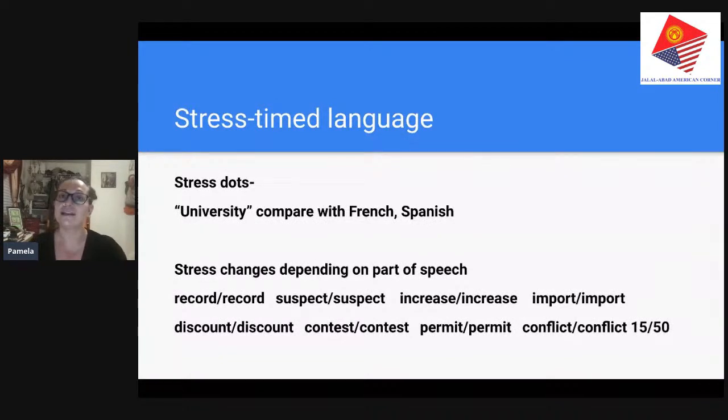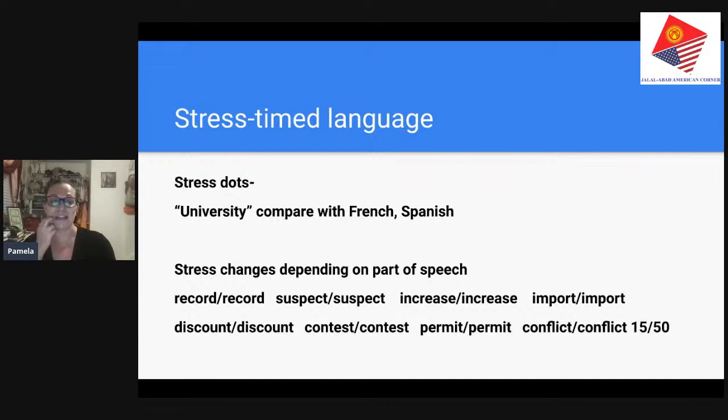Even though there is an N at the end, sometimes even native speakers will say, oh, he'll be here in 15 minutes. I'll say, what? 15 or 50? Oh, 50 minutes, 50. Oh, 50. Okay. So this is one example of why syllable stress is so important to pronounce these words correctly.